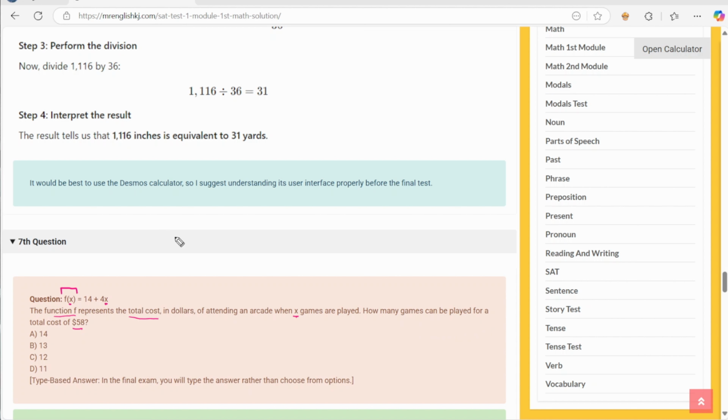From the previous video, f(x) is the total value. And we have 14, which is a constant. It doesn't change. Ring a bell, a constant, right? And 4 is a coefficient, and there is an x. We need to find x. It's a simple equation. What can we do? We move it here and we will have 58 minus 14.